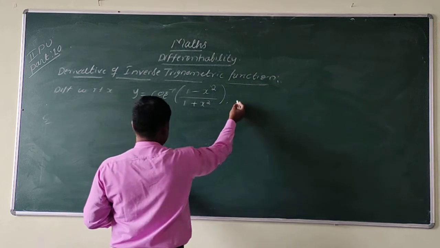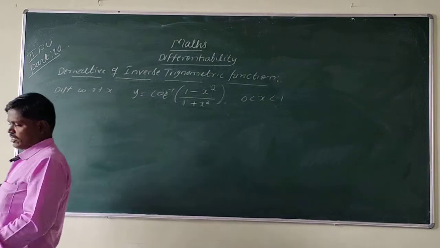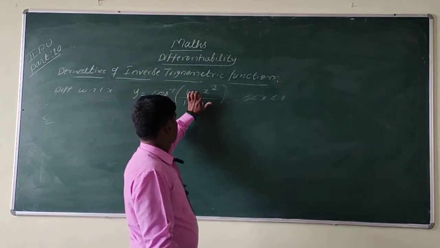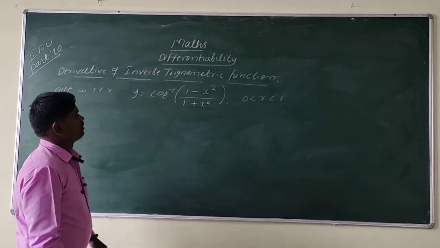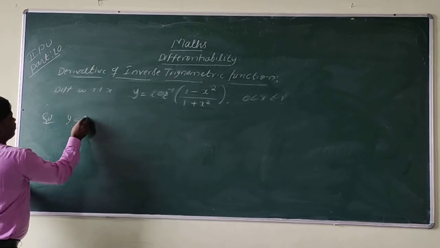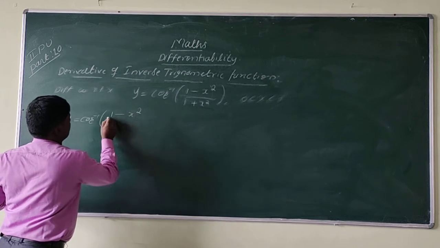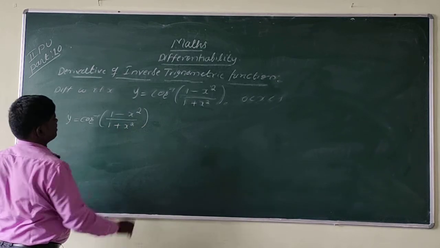The condition given is 0 less than x less than 1. In this interval only the derivative of cos inverse of 1 minus x square divided by 1 plus x square exists. So, solution: y is equal to cos inverse of 1 minus x square divided by 1 plus x square.